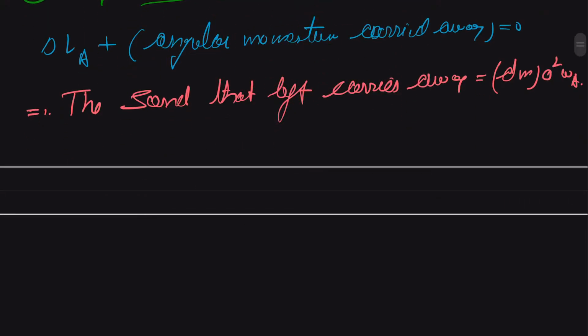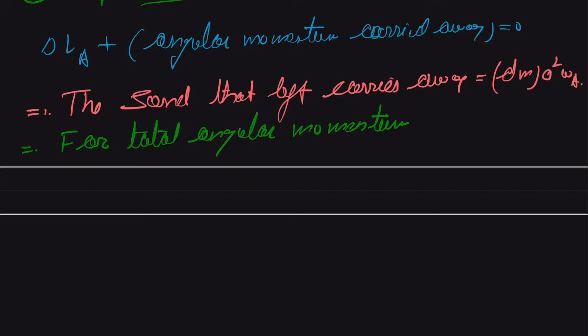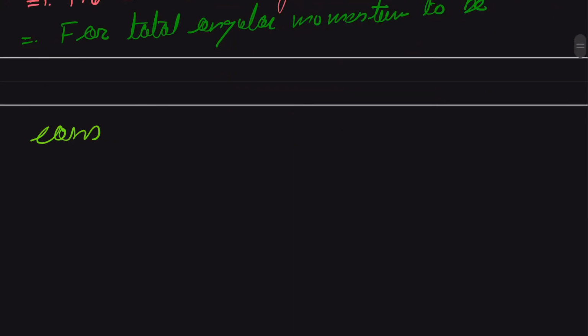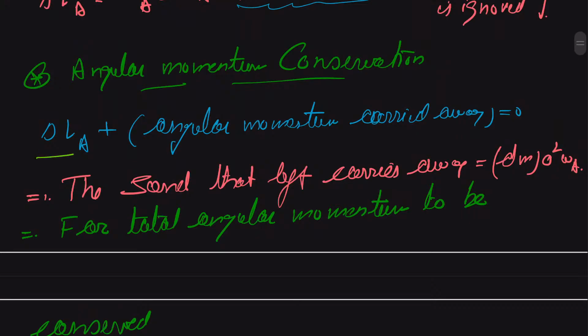So it means that for total angular momentum to be conserved, the delta L, because we have written here this change in angular momentum plus angular momentum taken away, should be equal to 0.